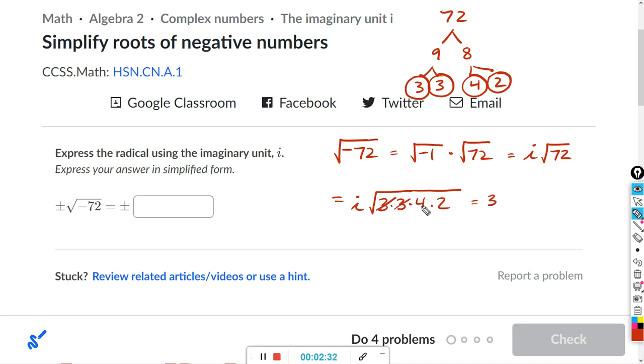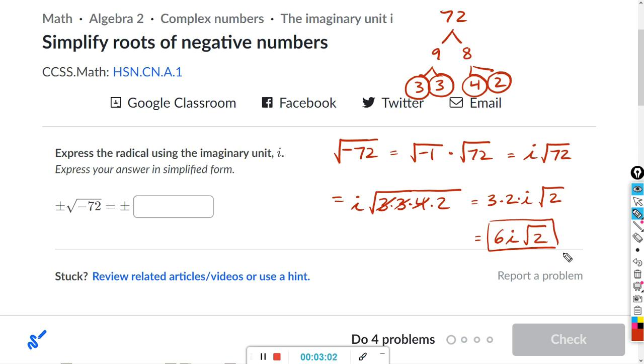The square root of 4 is just 2. And we still have the i, and we still have the 2 underneath the square root. Of course, these are all multiplied. So 3 times 2 is just 6. We still have the i and the radical 2. So that's it.